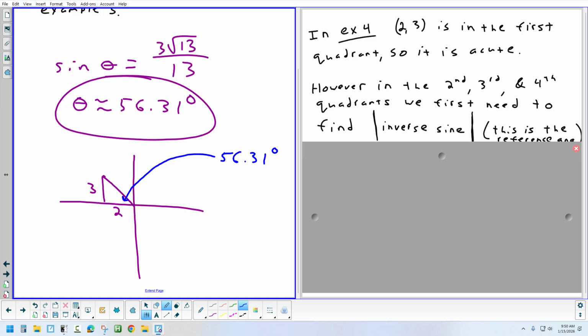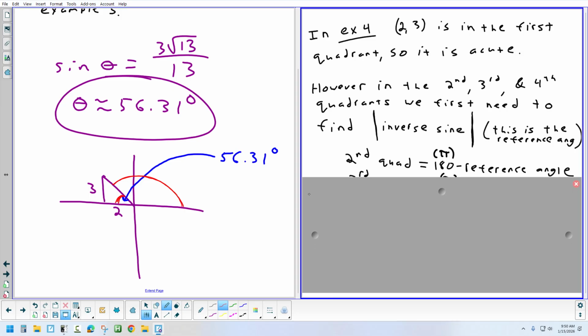When they're asking you for an angle, they're going to want to know that. So what do you think you would do if you knew this part right here to get that part right there? Yep. Subtract the value from 180. Exactly. You would subtract that, what we call the reference angle. And if you're doing it in degrees, yes, subtract it from 180. Or if you were doing it in radians, you would subtract it from pi.